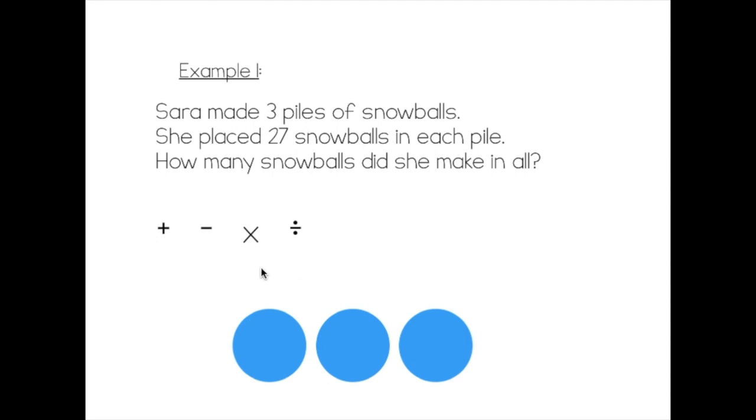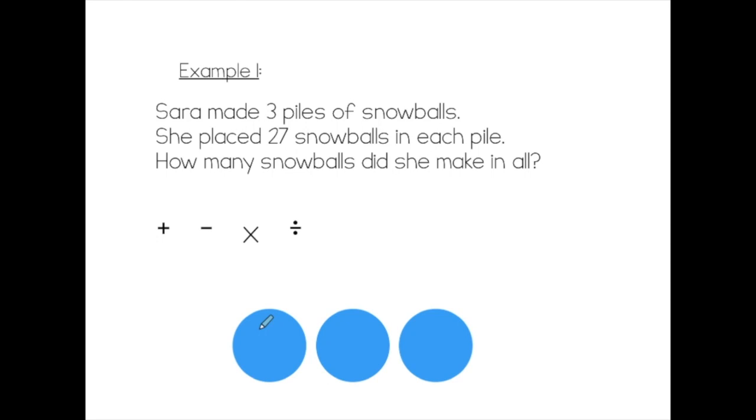So, to help us out here, I have 3 lovely circles to represent the 3 piles of snowballs. So she put 27 in each of the piles. How many did she make in all? If you're still not sure, pretend that you are actually going to do this.